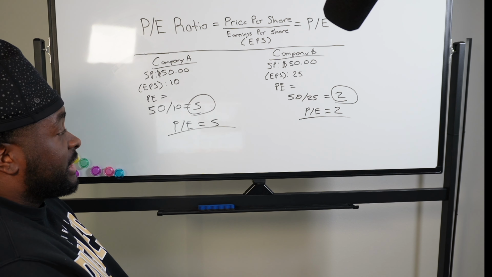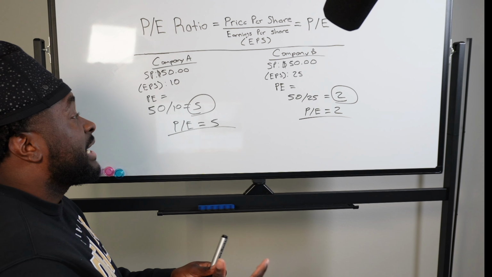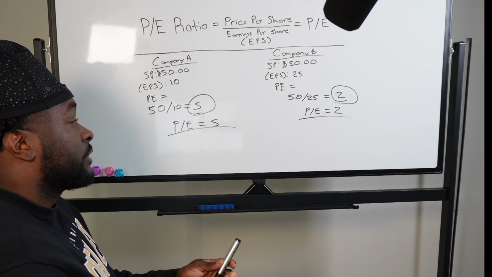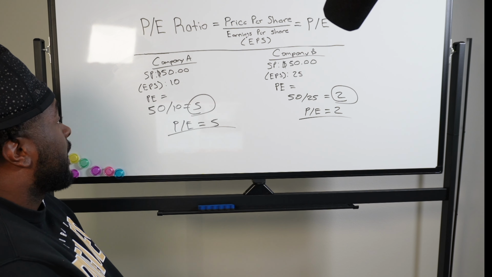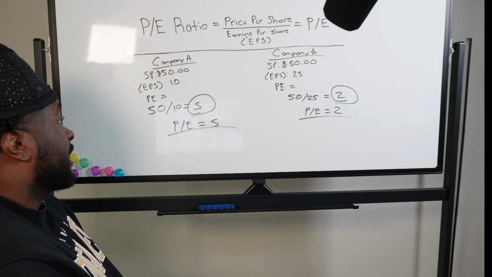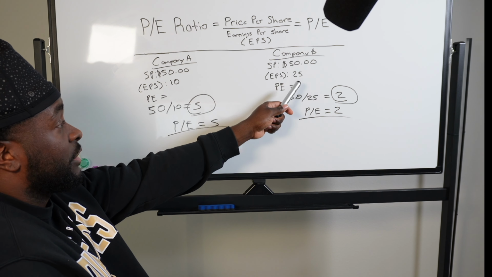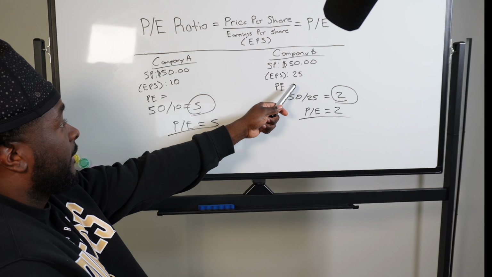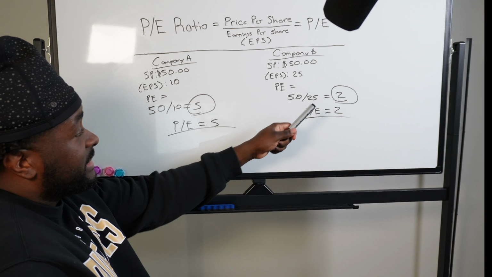Now let's look at the PE ratio. The PE ratio, remember, is a metric that can let us know how much we are paying for this. Are we paying too much? Are we paying too little? Is this a bargain? Is this a good deal? In this case, we've got two stocks that are the same price. We're getting access to more profits over here with this earnings per share of 25, and this PE ratio is cheaper.